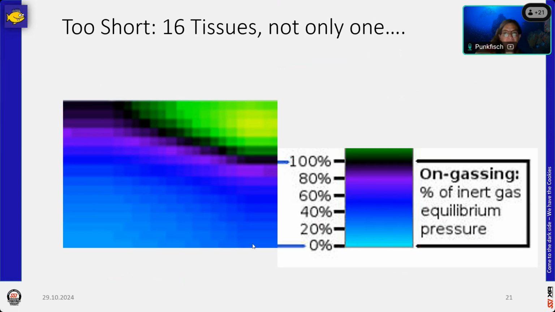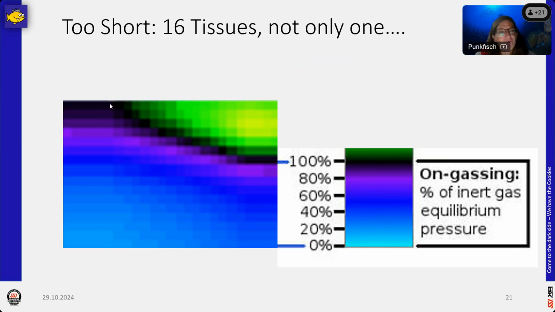Now when you descend, you have these bluish up to black lines that show the level of on-gassing for this particular tissue. So here we can see that the very first tissues at this point already reached equilibrium.